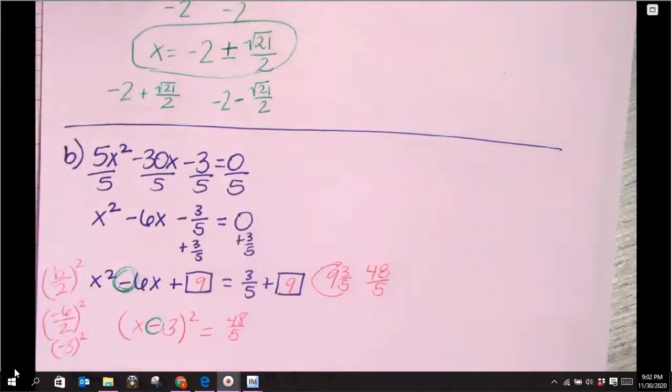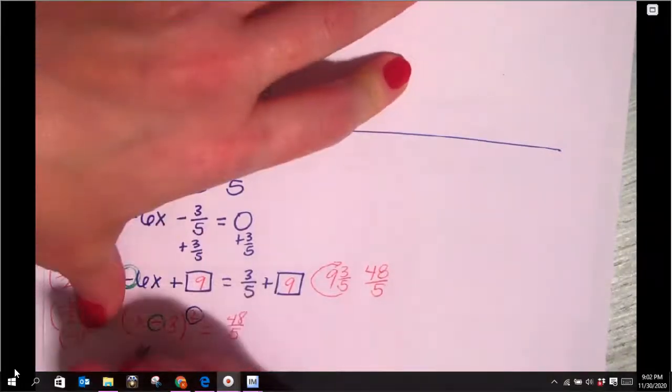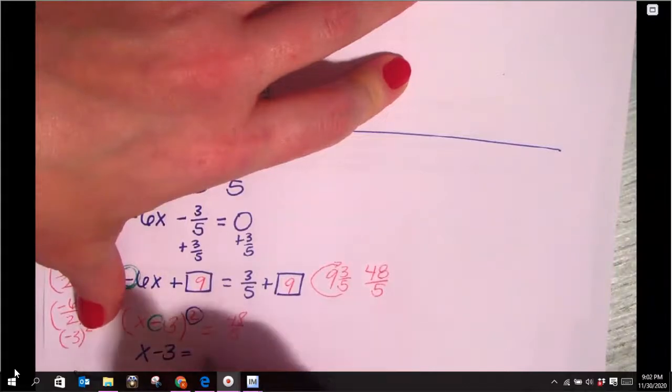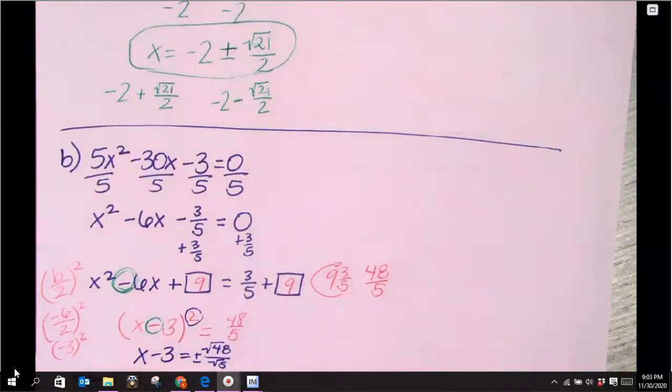Now, to get rid of the square, I have to take the square root of both sides. And remember, that gives you plus or minus. So I'm going to go ahead and include that because I don't want to forget that step.